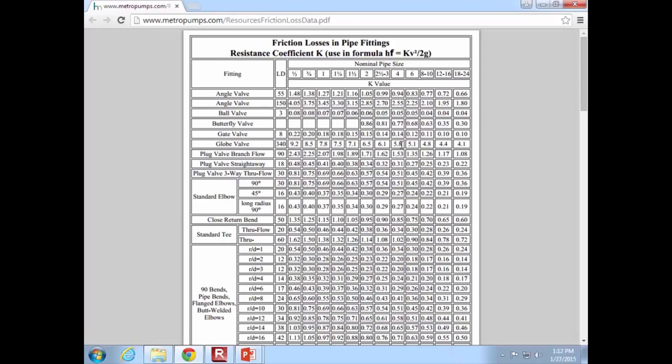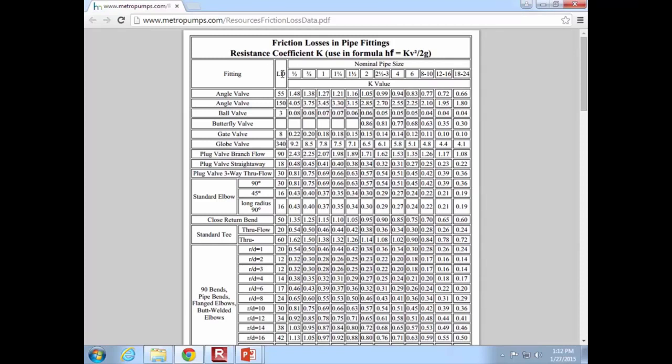So it's 100 times more energy loss to put the water through the globe valve than it is to put it through their 4-inch ball valve. You can see that there's a whole range of different fittings that they have available, bends, elbows, and so on.